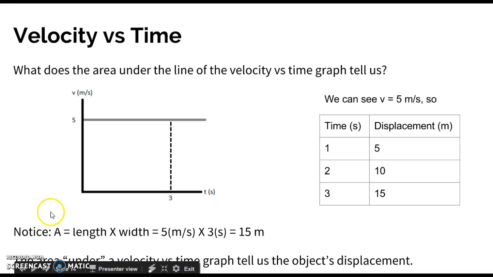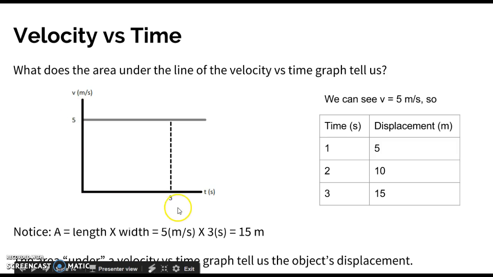Now, one thing to notice, our area, I symbolized area with a capital A here, so careful, don't confuse that with acceleration. Acceleration is always going to be a lowercase a. Our area is going to be length times width, or base times height, or however you're going to define area for this graph. So our length here is 5 meters per second.